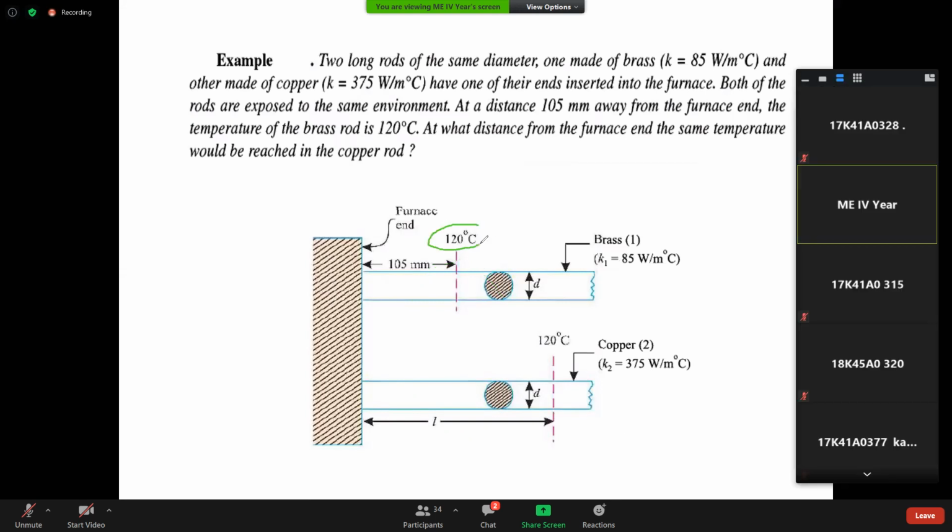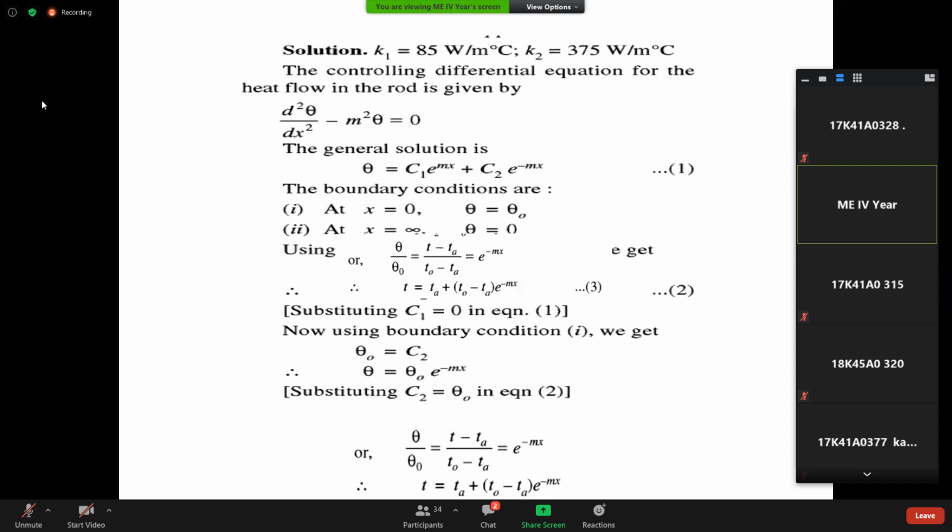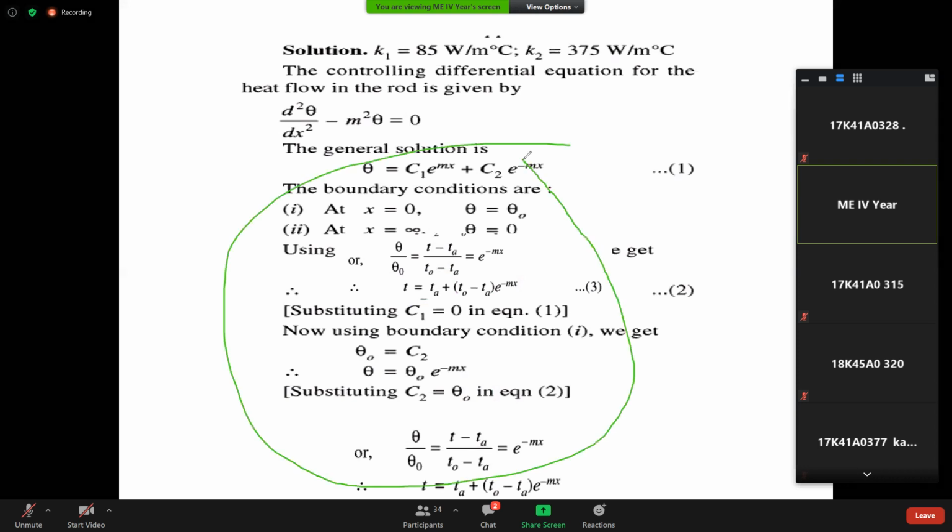Hence, the materials have different thermal conductivities, right? To reach this particular temperature, what is the distance of this rod? That is the question, right? Now, we have done this analysis for the fin equation. From that, the end temperature profile is this.